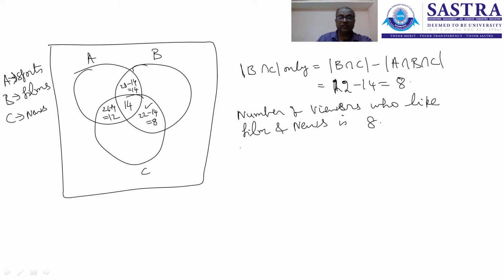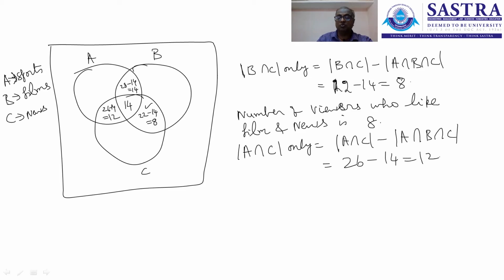Similarly, for A and C, the cardinality of A intersection C only is the cardinality of A intersection C minus the cardinality of A intersection B intersection C, and this would give you 26 minus 14, which is 12. So here you get the number of persons interested in, what shall I say, films and news.